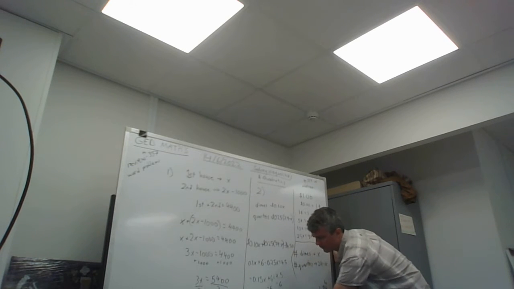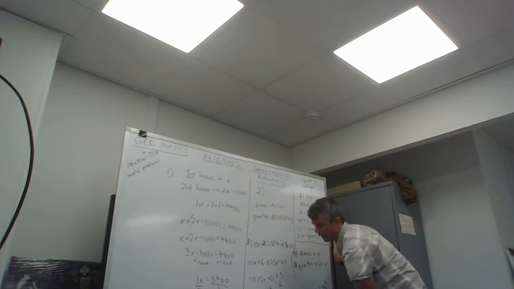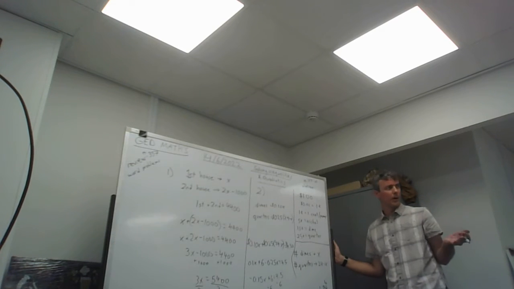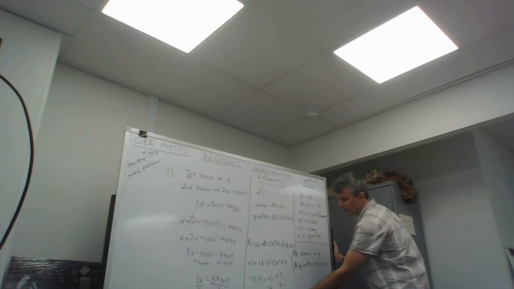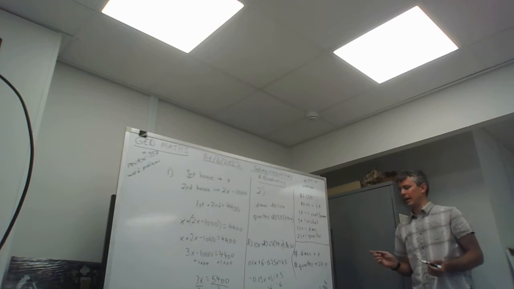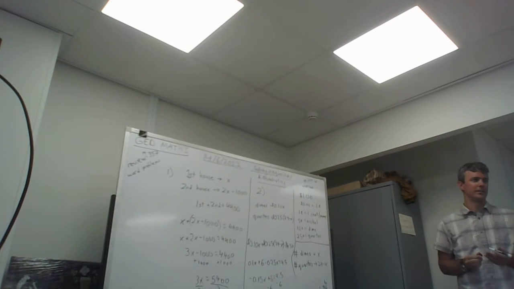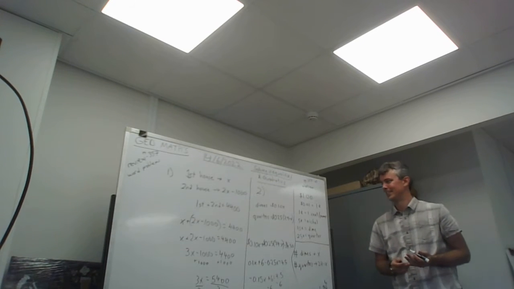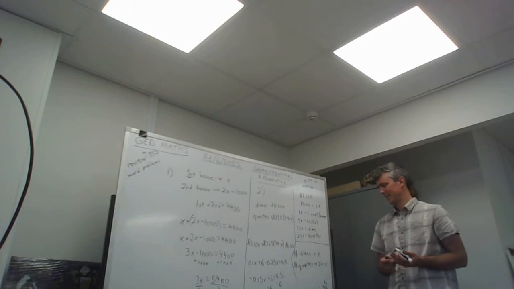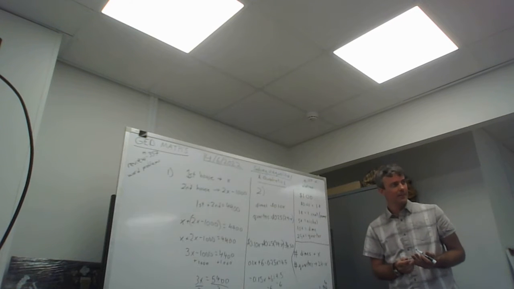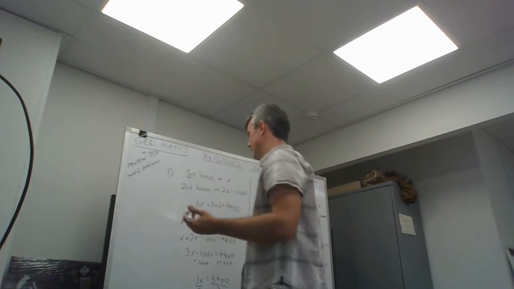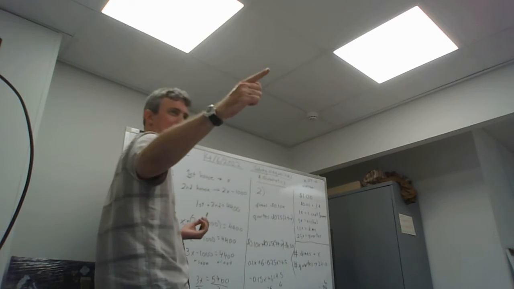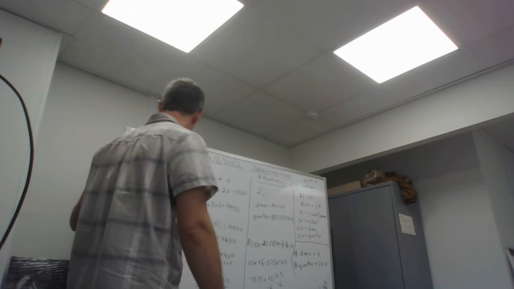So they will cancel and we get x on this side, because negative divided by negative is positive. And here, 1.5 divided by 0.15. It's 10.